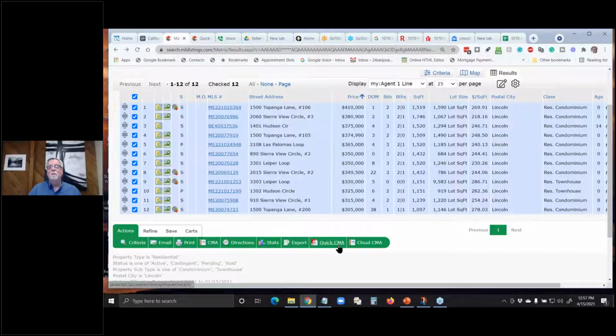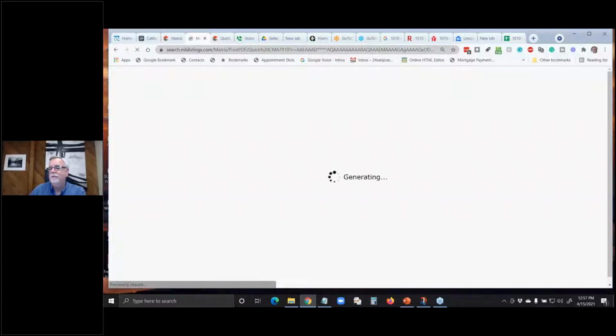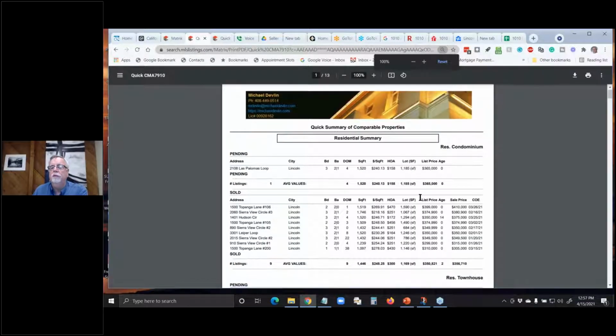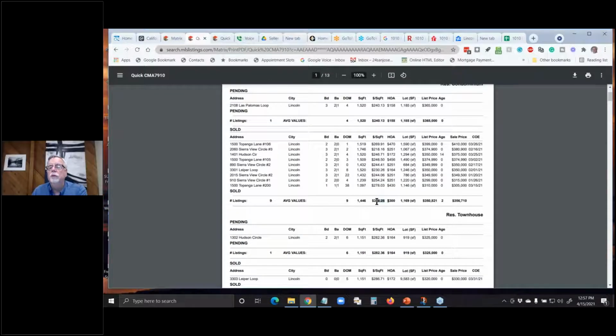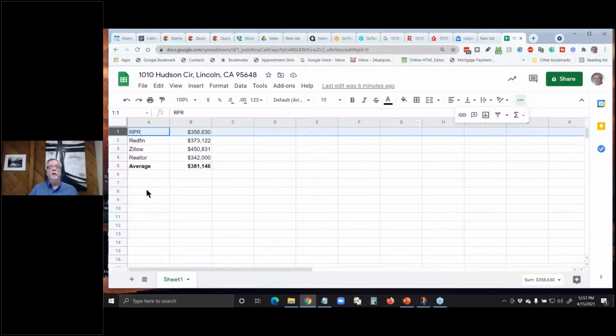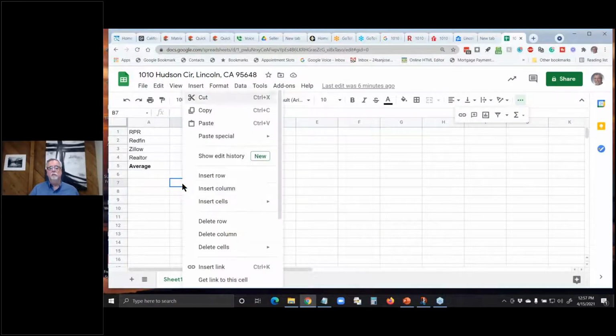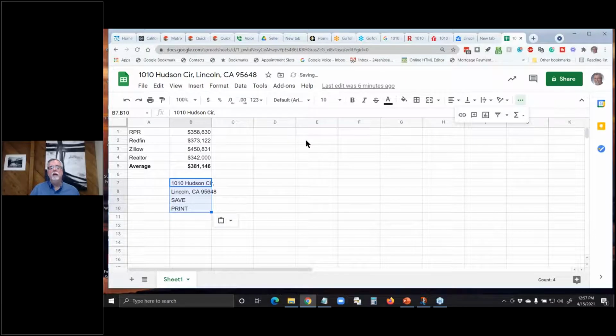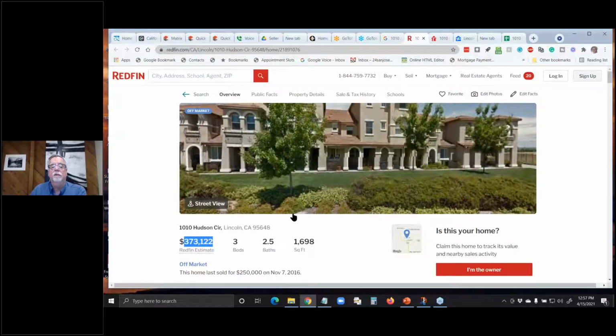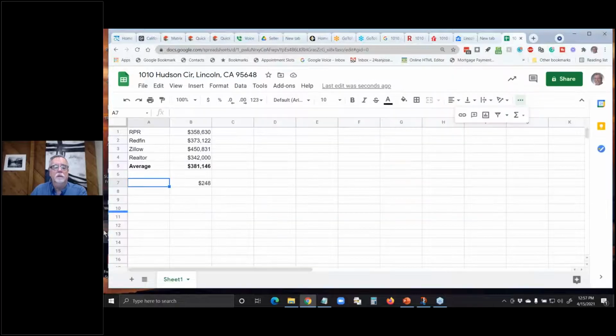I want to do a quick CMA. What I want to determine is, on average, the dollars per square foot that people are getting. They're getting 248. So when I'm doing the CMA, let's say 248, and this is how many square feet? 1698.